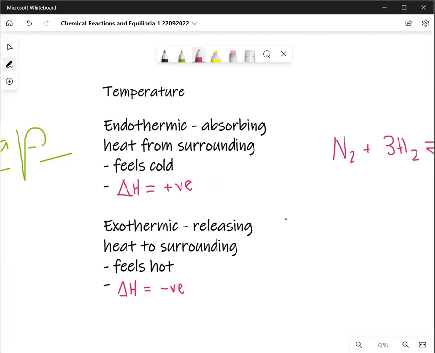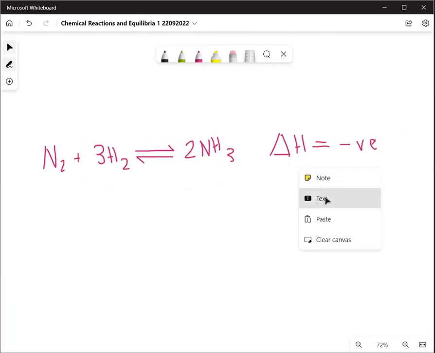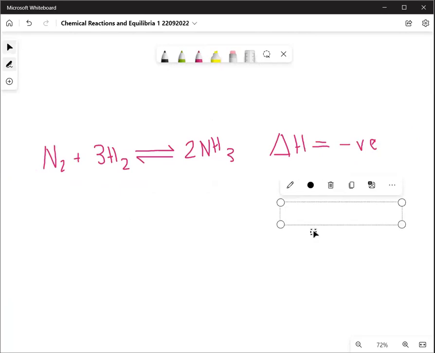Now you tell me what kind of reaction is this? Endothermic or exothermic?